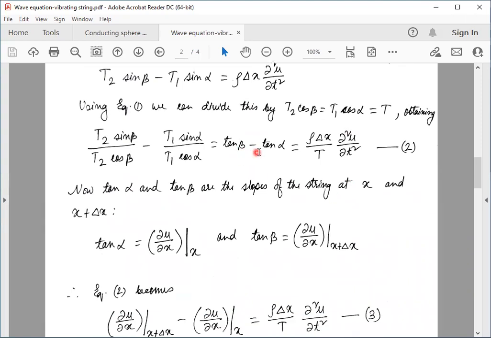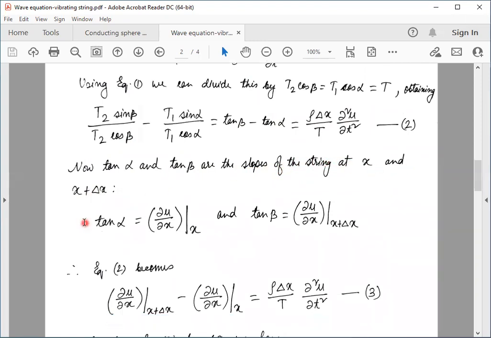Now this tan alpha and tan beta are the slopes of the string at the points x and x plus delta x. So tan alpha and tan beta are the slopes of the string at the points P and Q respectively. Tan alpha is the slope calculated at the point x, tan beta is the slope calculated at the point x plus delta x.